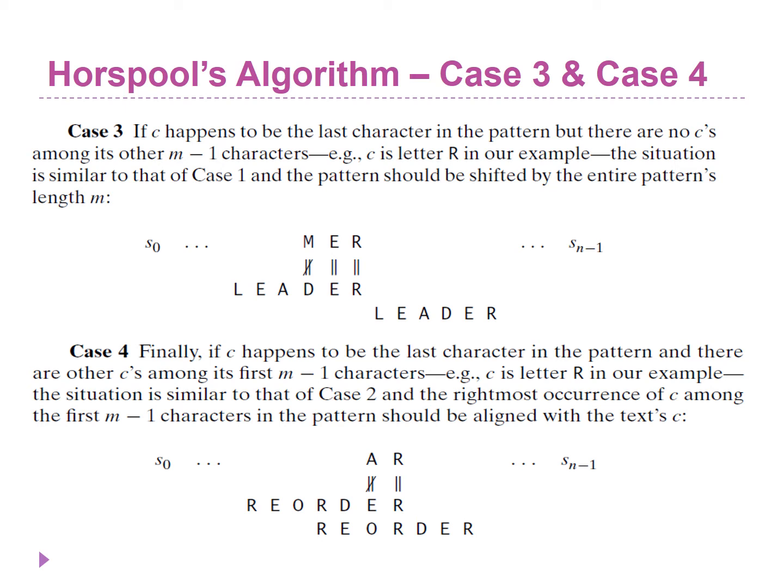Here the last character of the pattern reorder, R, matches with R in the text. The next character E does not match with A, but R is present in the first m-1 characters of reorder. Then R in the text is aligned with the rightmost R in the first m-1 characters of the pattern.